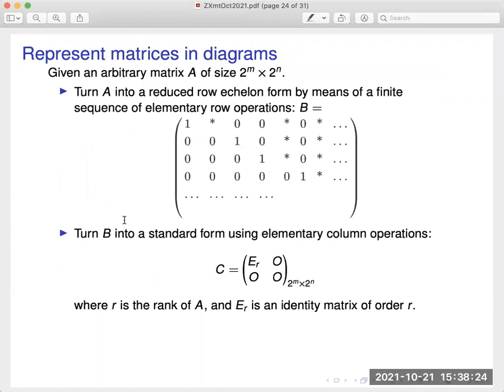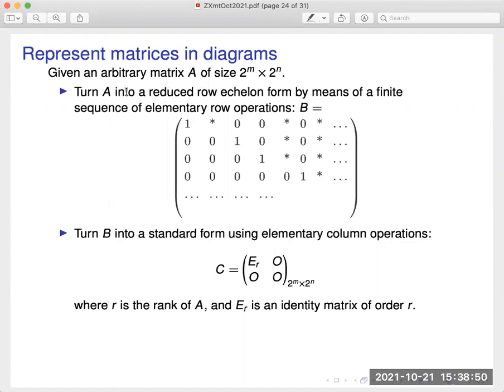Okay, and then finally, how do we represent any matrix of size 2^m times 2^n? The strategy is simple. Given an arbitrary matrix A of size 2^m times 2^n, how do we draw it in diagrams?